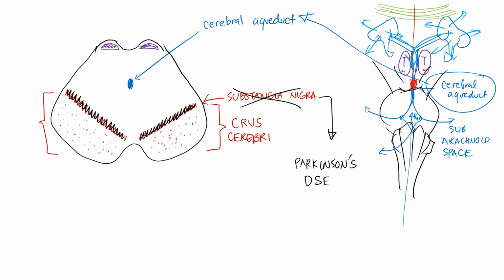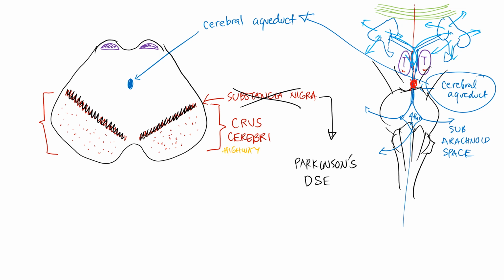And it goes down to your pons, medulla, and then spinal cord. Conversely, from your spinal cord, sensory fibers go up to the upper levels of your spinal cord, medulla, pons, midbrain, internal capsule, corona radiata, and then ultimately your primary sensory cortex. Okay, so your crus cerebri, think of it as your highway.